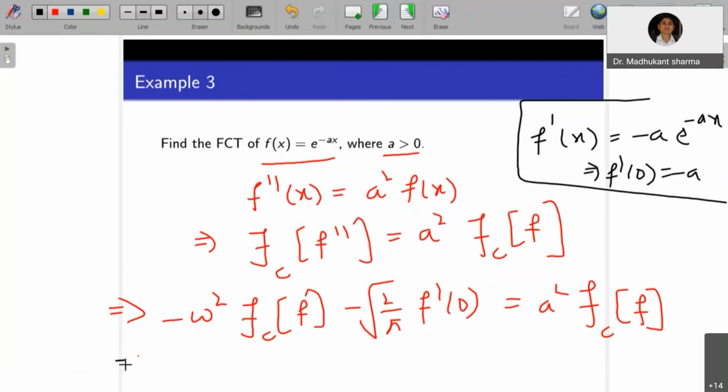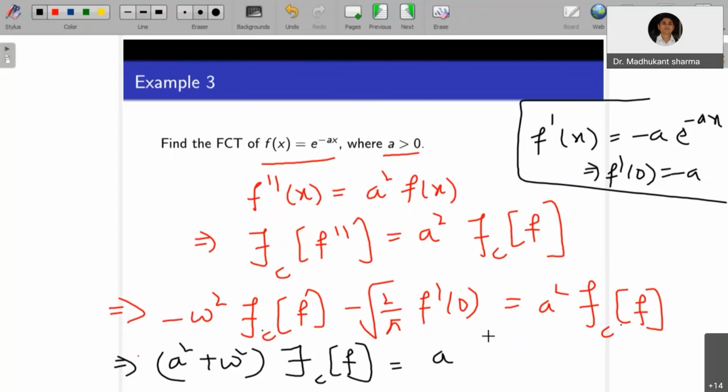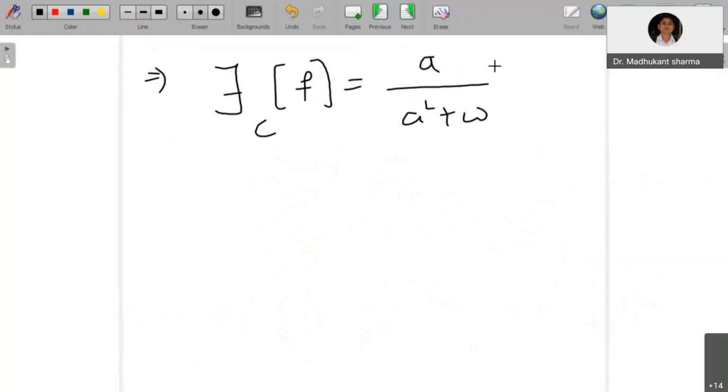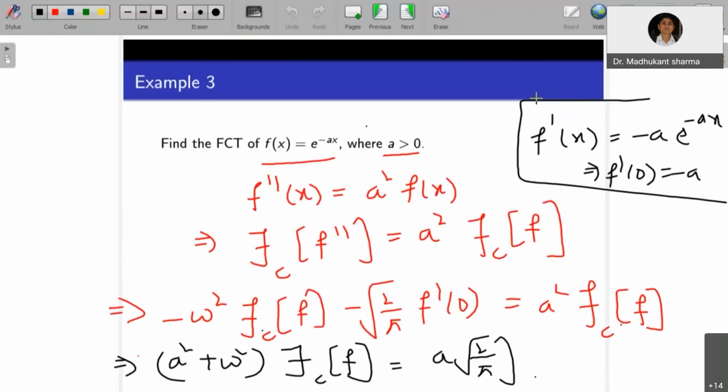So this will give you (a squared plus w squared) times the Fourier cosine transform of f, taking this on this side, equals minus f dash at 0, which is a times square root of 2 by pi. So this implies the Fourier cosine transform of f is equal to a divided by a squared plus w squared, times square root of 2 by pi.